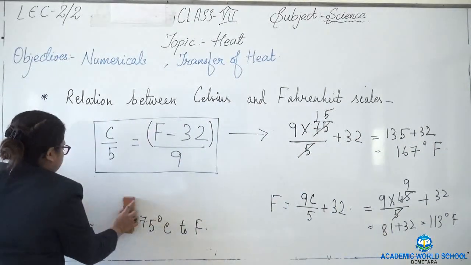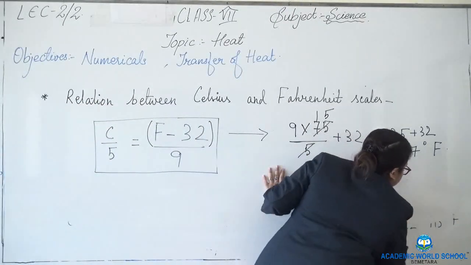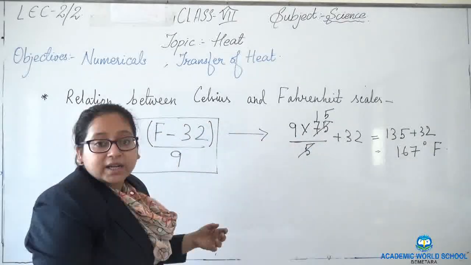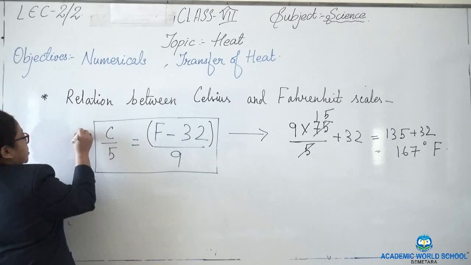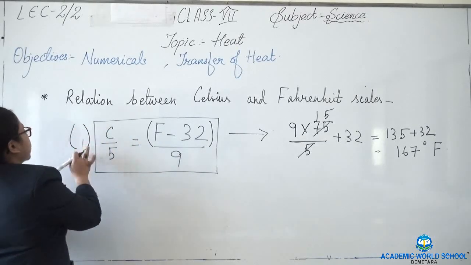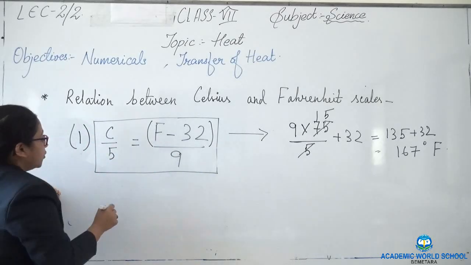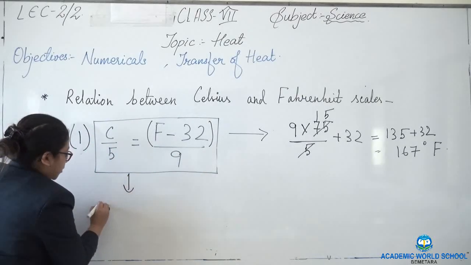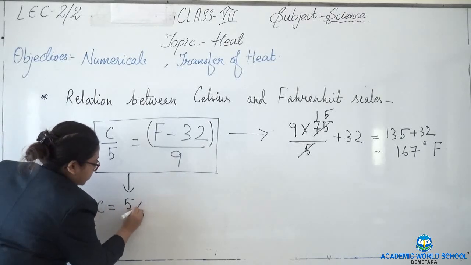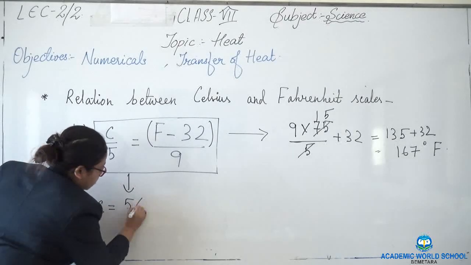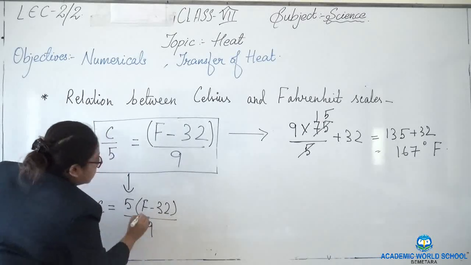Now when we get a sum to solve, don't get confused. Just remember 3 formulas. I am writing once again, please note it down in your copy. This is my first relation, where C by 5 is equal to (F minus 32) by 9. From here, I derive the value of C is equal to 5 multiplied by (F minus 32) by 9.